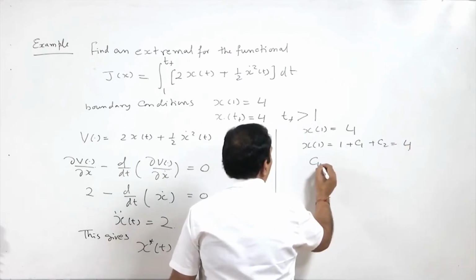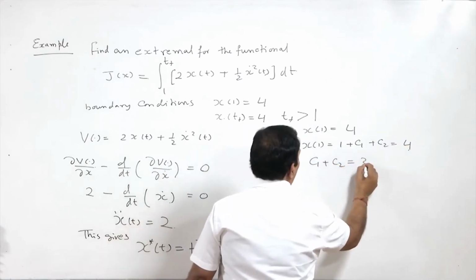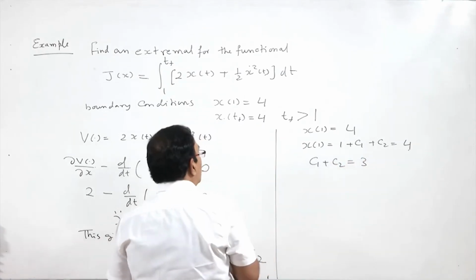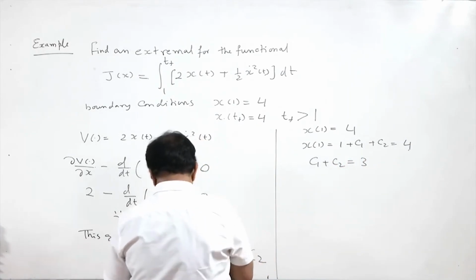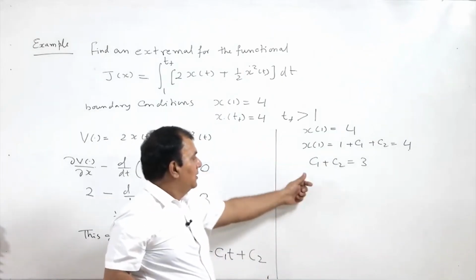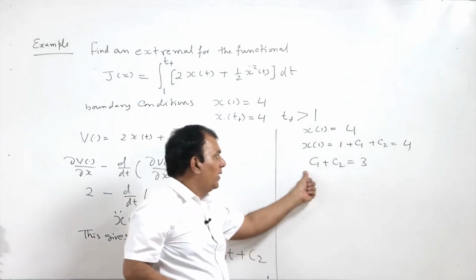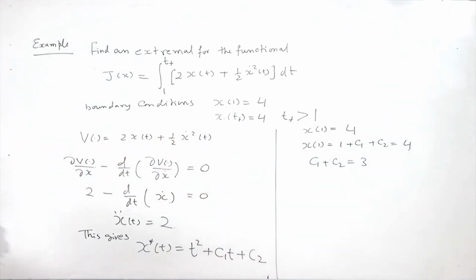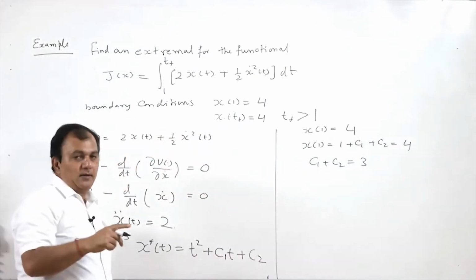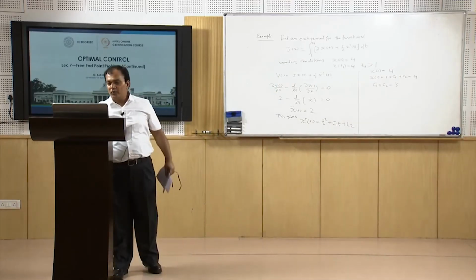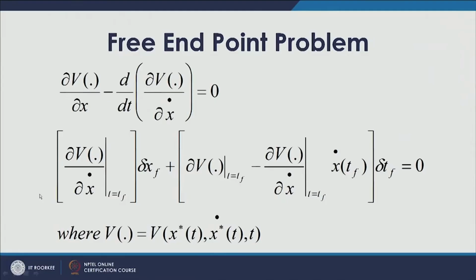So, my equation is C1 plus C2 equal to 3. By the initial condition we can find one equation in C1 and C2, which is giving me C1 plus C2 equal to 3, and for the second condition, or say the other equation to find the C1, C2 variables, we will get it from my terminal point.